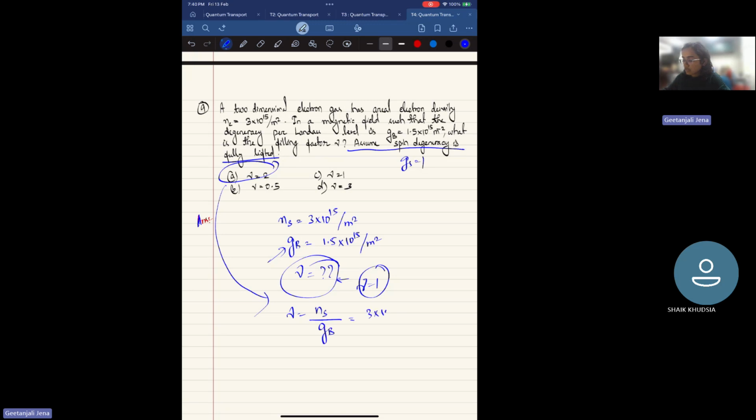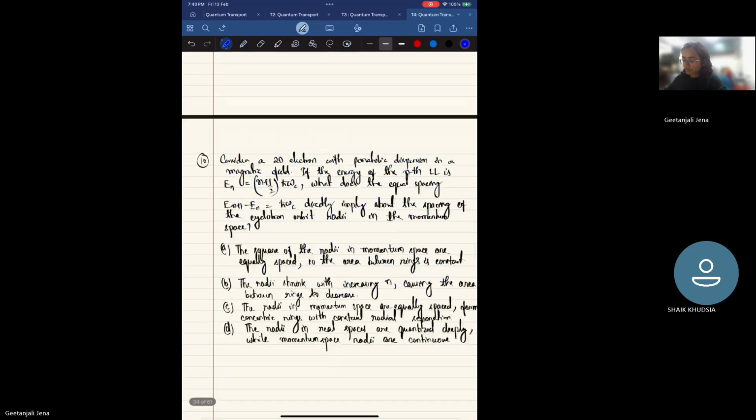So this is 3, this is 1.5. So what does this mean? This means two Landau levels are completely filled. And what will be the number of edge states? The number of edge states will be 2 per boundary. In each boundary, we'll see 2 edge states. And conductance, you can calculate eventually.